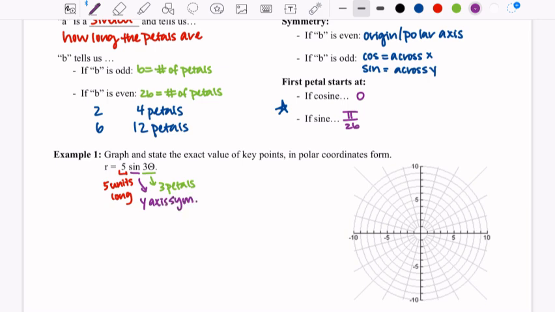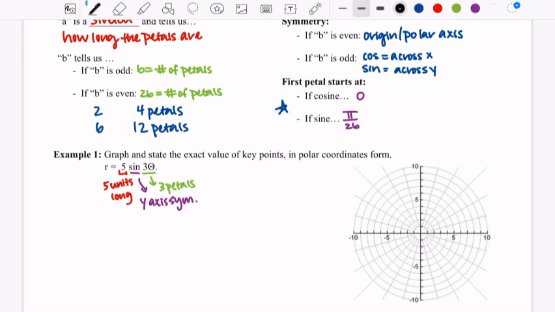One thing to note, with a polar graph, I say x-axis symmetry, y-axis symmetry. In a polar coordinate system, we don't really have x and y-axes, but I'm still just talking about where the normal x and the normal y-axis should be. So we can still think about this in 4 quadrants, which should tell you a little bit about where we're going to have that symmetry.